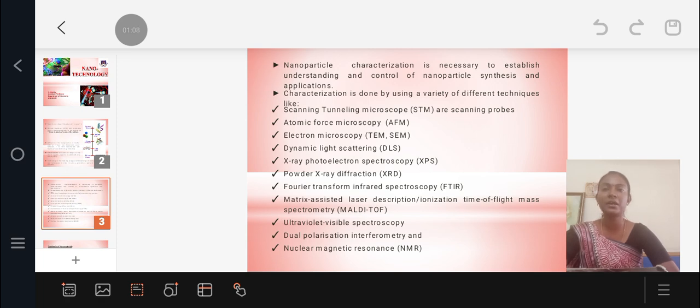Characterization is done using a variety of techniques like scanning tunneling microscope, STEM, atomic force microscope, electron microscope, dynamic light scattering, X-ray photoelectron spectroscopy, powder X-ray diffraction, Fourier transform infrared spectroscopy, ultraviolet-visible spectroscopy, dual polarization interferometry, and nuclear magnetic resonance.